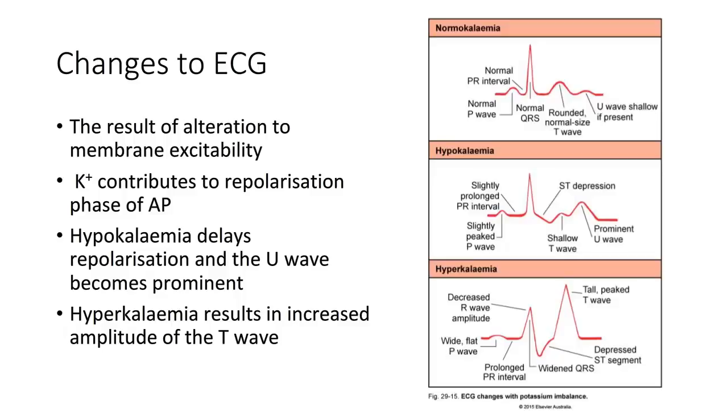Whereas in hyperkalemia we end up with these things called tented or peaked T waves. So the T wave is actually so much larger than it should be in terms of its amplitude, and can in fact be even higher than the QRS, the R wave peak. It'll also widen out the QRS width.